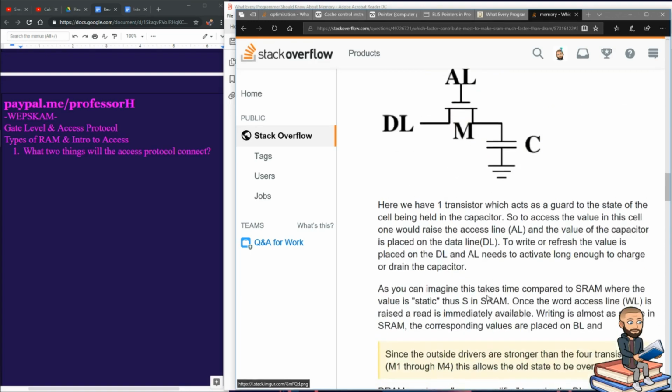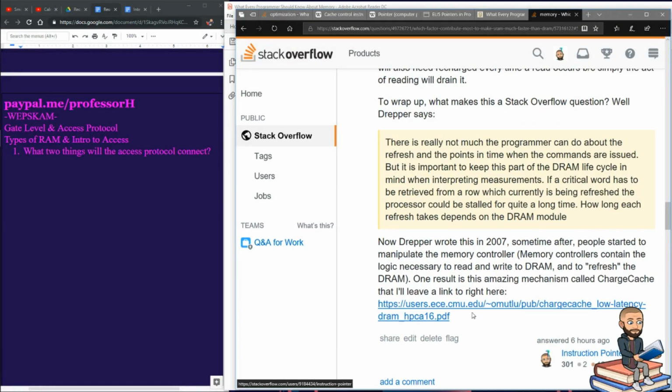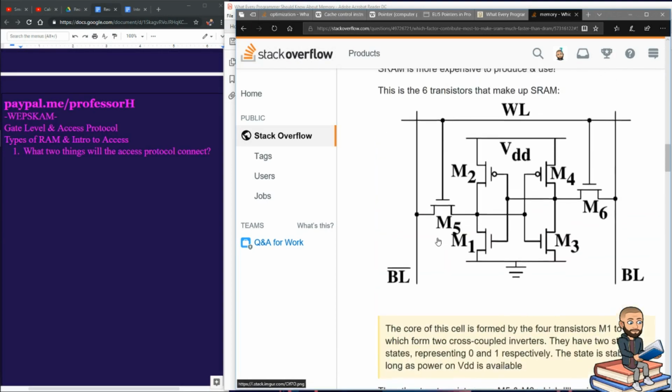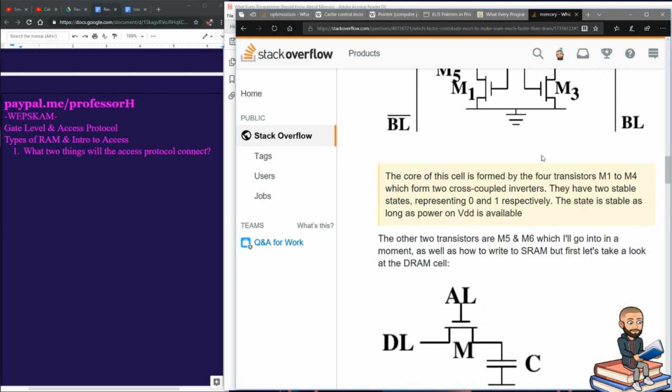This is an answer I put on Stack Overflow actually. See, there's my little picture guy. I think I summarized what Drepper was trying to say by showing this diagram there. But make sure you're walking away with the big idea that these cells have 2 stable states. It's either a 0 or a 1.